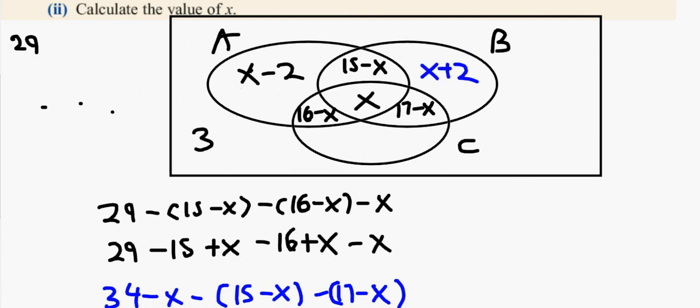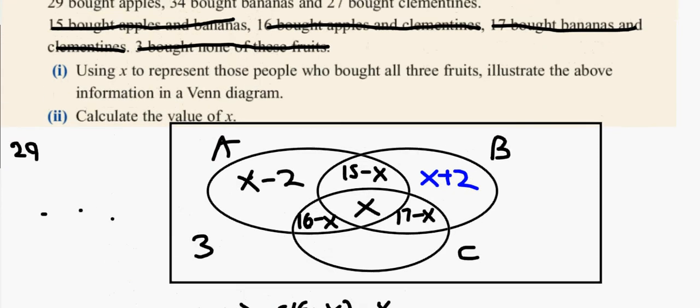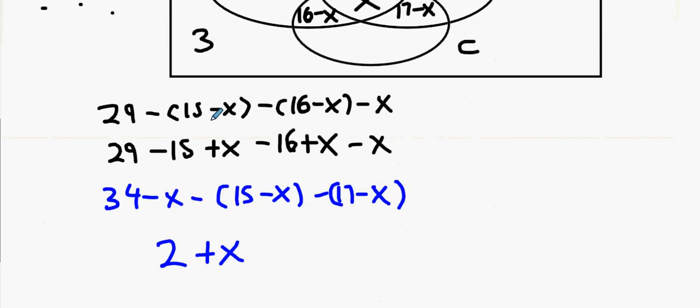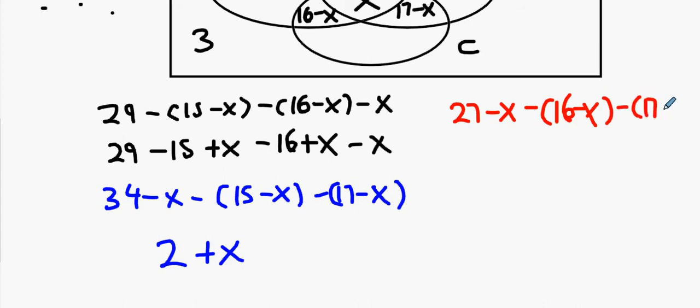Finally, this one here. How many people had the clementines in total? 27. So it's going to be 27, take away x, take away 16 minus x, take away 17 minus x. Once again, to do this really quickly, add the 16 and the 17 together, 33. 27 take away 33, minus 6.